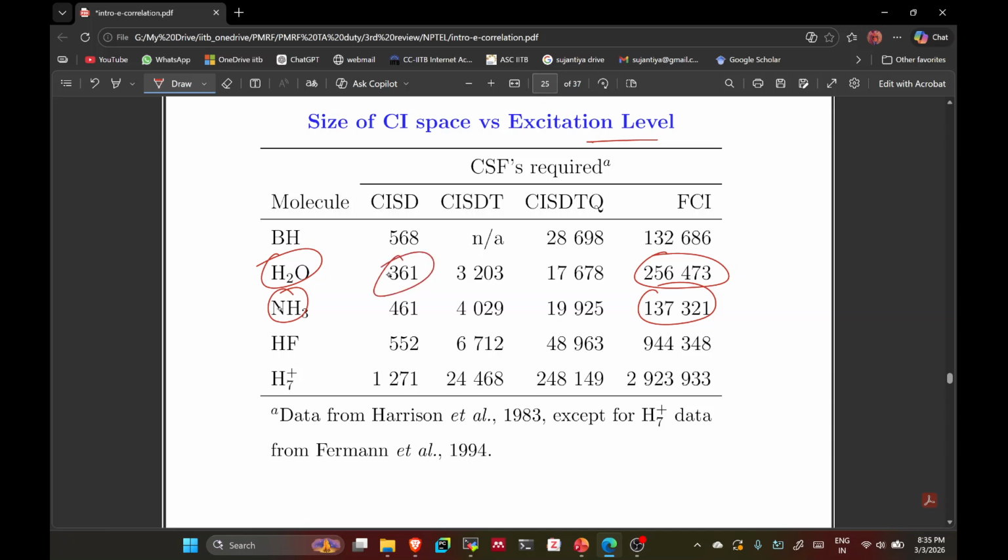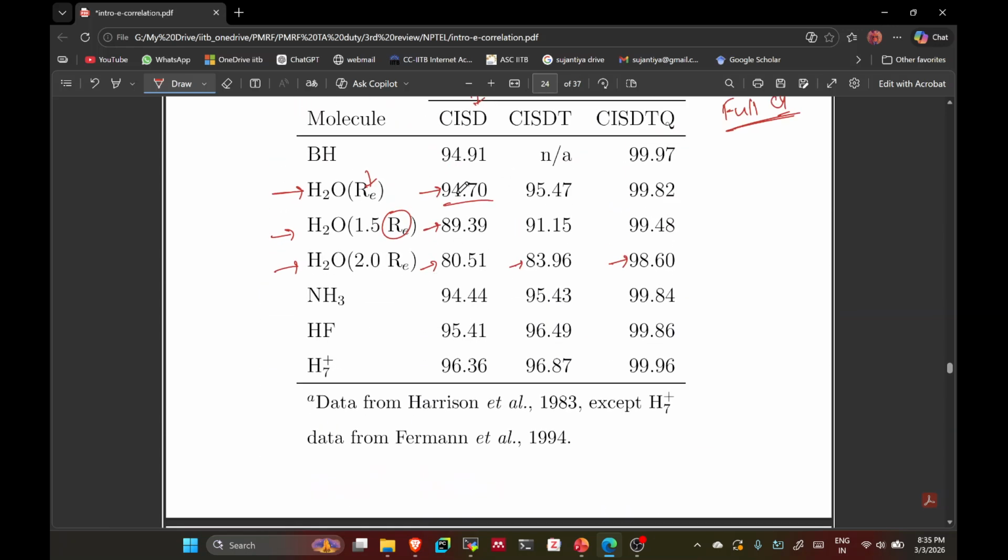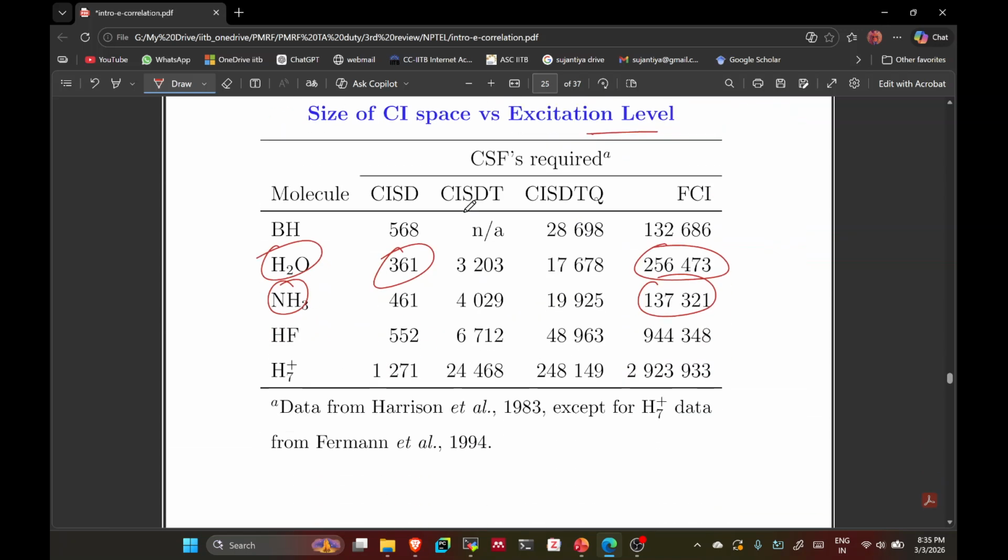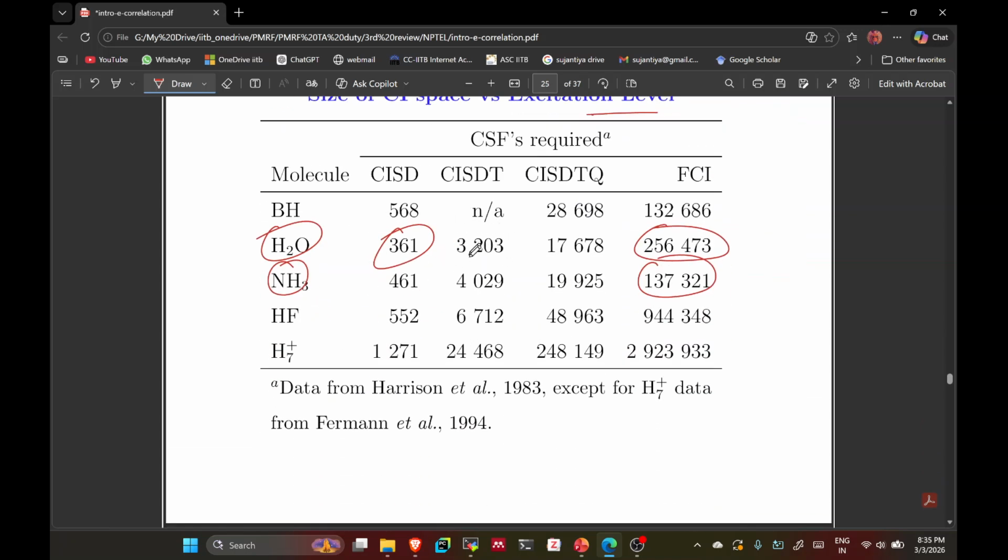If you take only 361 determinants, you are able to recover 95% of the correlation. Or if you take 3000 configuration state functions, which will be very near to maybe 5% or something, then you can see that you are able to calculate around 98% of the correlation.